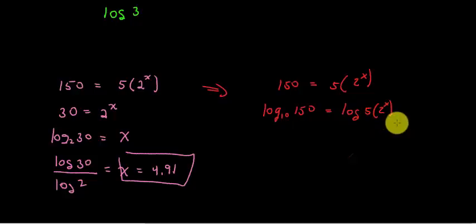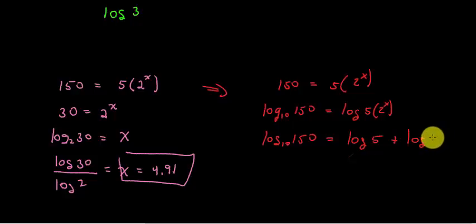Well, so here I'll use my product to sum formula, and I'll write this as log base 10 of 150 is equal to log base 10 of 5 plus log base 10 of 2 to the power of x, right?